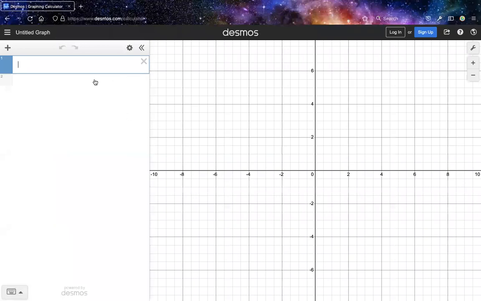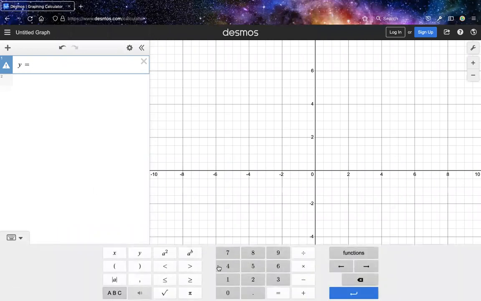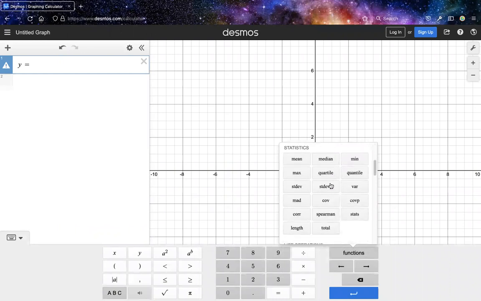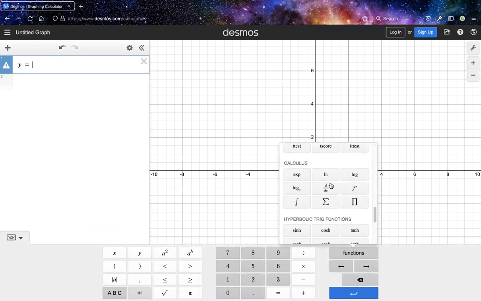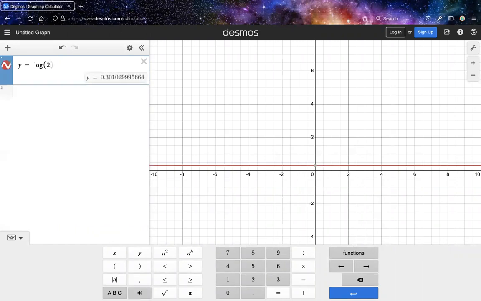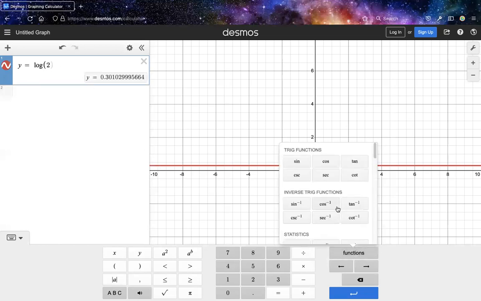So you could plot a graph y equals, where's my function listed? Functions. So you have a bunch of functions here. Log of what? Say log 2.